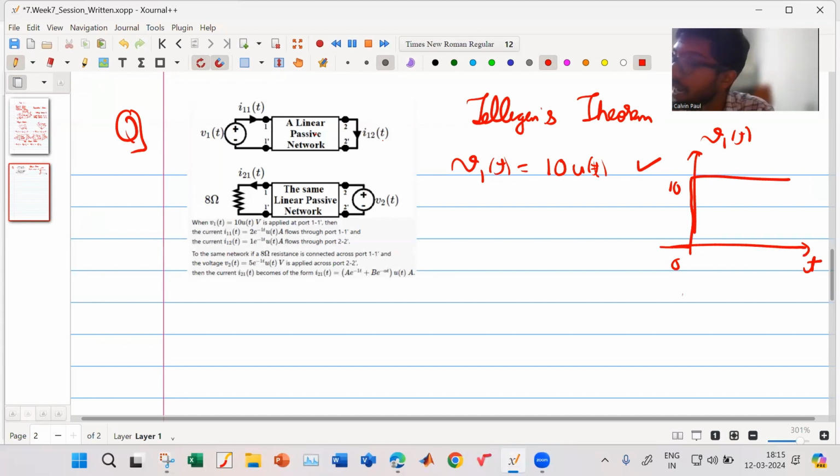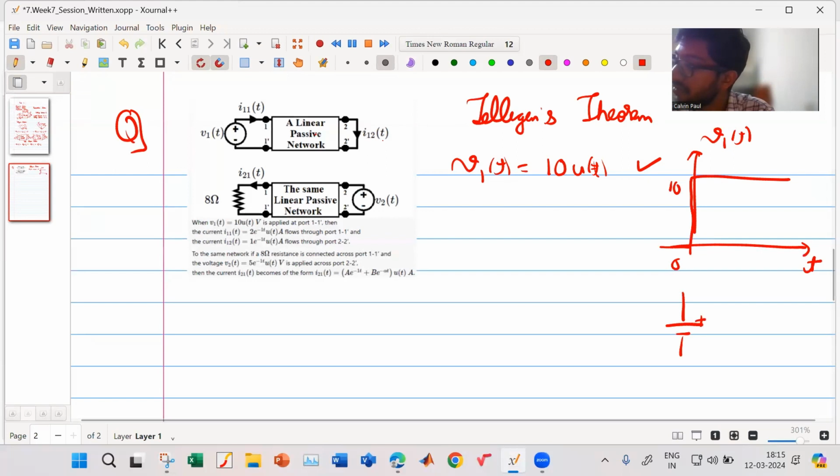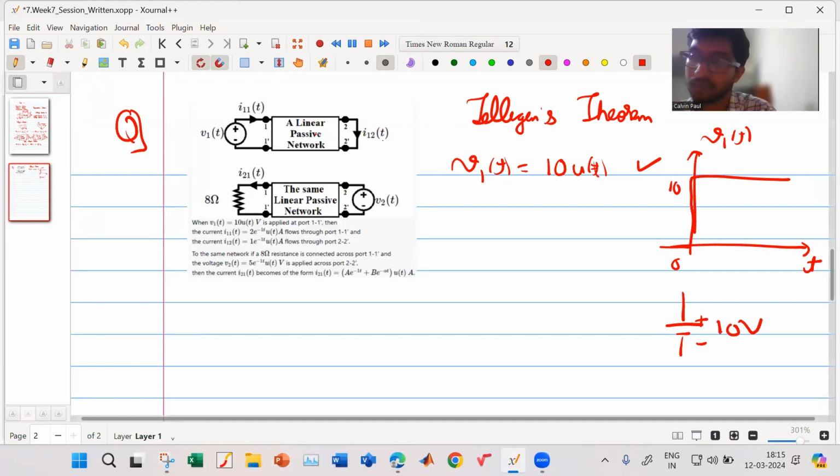So this is similar to your battery of plus minus 10 volt. Your battery gives 10 volt throughout all of time, and we are considering from time t equal to 0. So DC voltage is represented by unit step. So V1 of t is 10 u(t).